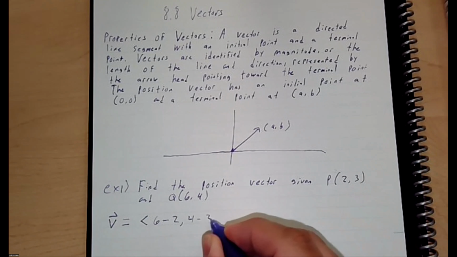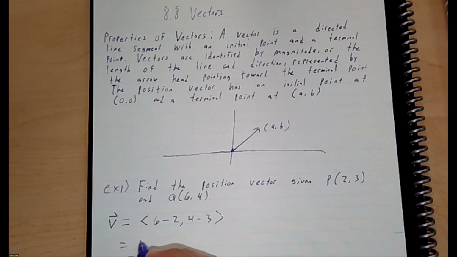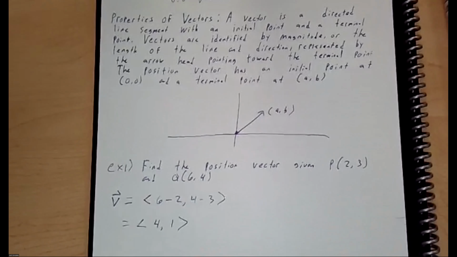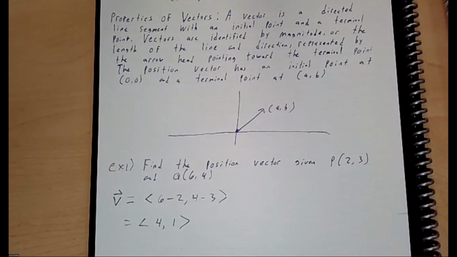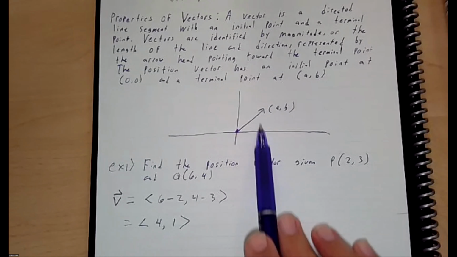This right here will be your position vector. This is centered at the origin, going out 4 and 1.